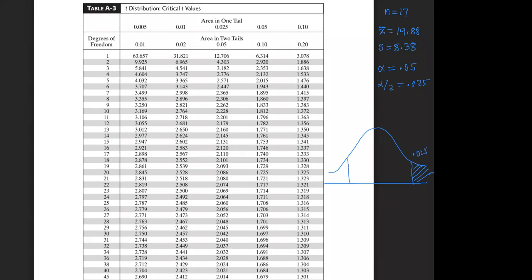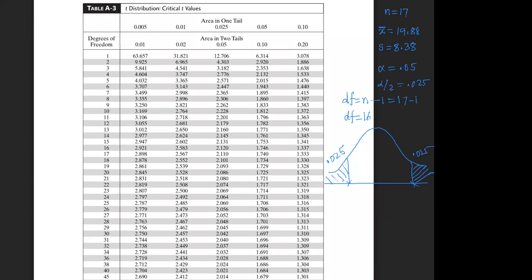Area to the left is 0.025, okay? Now again, we have to find this point and this point. Our degrees of freedom, DF, is going to be N minus 1, which is 17 minus 1, which gives me DF equal to 16.